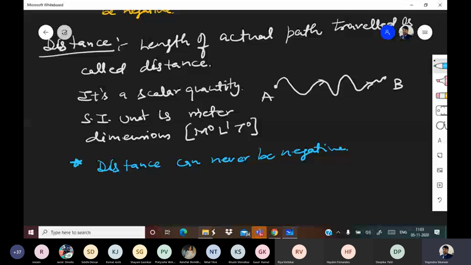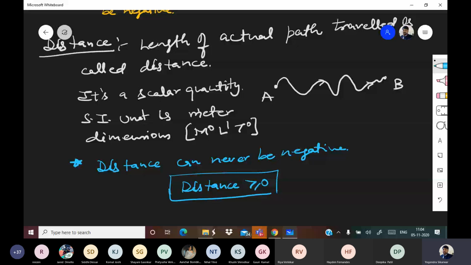If an object is at rest, how much distance has it traveled? Zero. If the object is moving, the distance will be positive. That means distance will either be zero or positive. So the expression can be written as: distance is always greater than or equal to 0. This is very important.